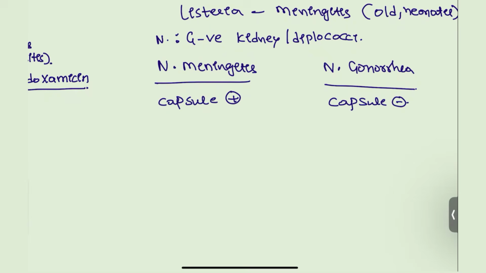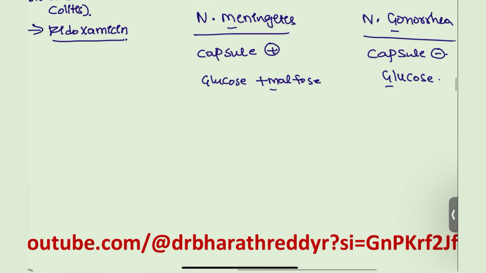And Neisseria meningitidis is going to be positive for sugar fermentation, especially glucose and also maltose. Okay, M for meningitidis, M for maltose. And gonorrhoeae is only glucose, G for gonorrhoeae, and G for glucose only. It is going to be positive. And conditions, we all know Neisseria meningitidis is most commonly due to droplets, and gonorrhoeae is most commonly associated with STD.